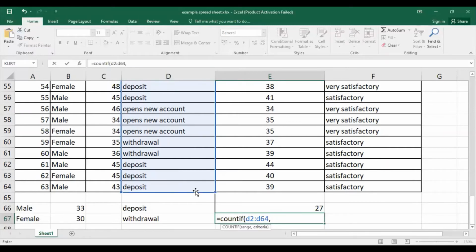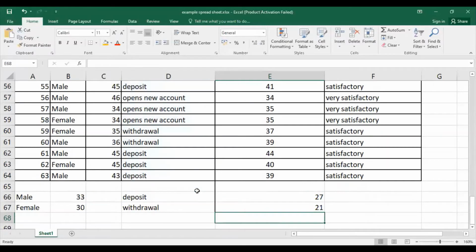And the criterion is withdrawal. Okay, so be careful with the spelling, because if we have written a wrong spelling, then the system will not read it. And there we have it, 21. That means that there are 21 clients who made withdrawal transactions during that time.